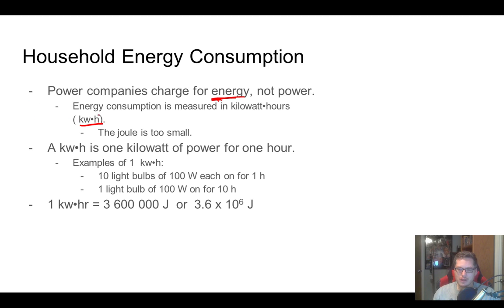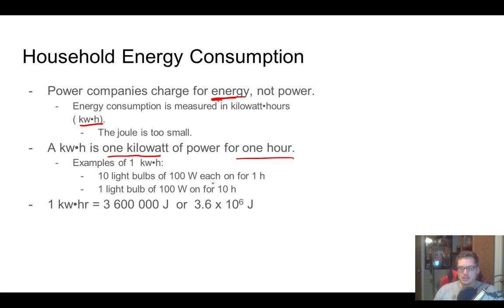A kilowatt hour is defined as the amount of energy used if you ran 1 kilowatt, 1,000 watts of power, for 1 hour. So 1 kilowatt hour is the same as 10 light bulbs of 100 watts each run for 1 hour, or 1 light bulb of 100 watts on for 10 hours straight.